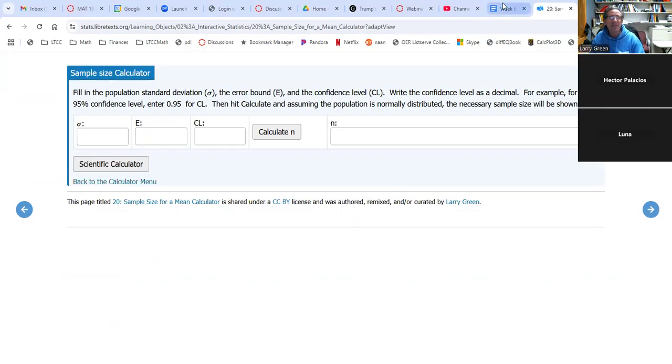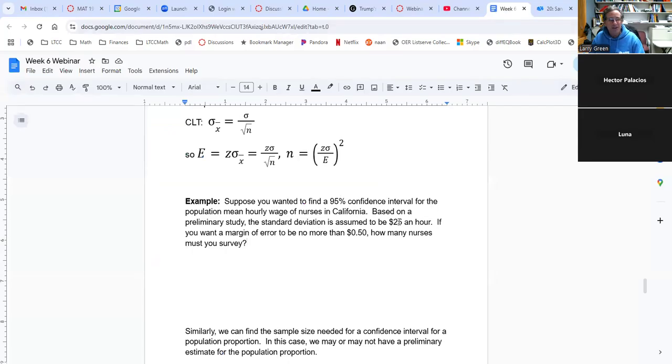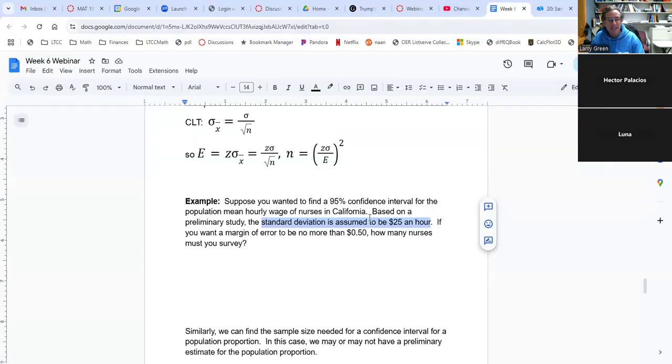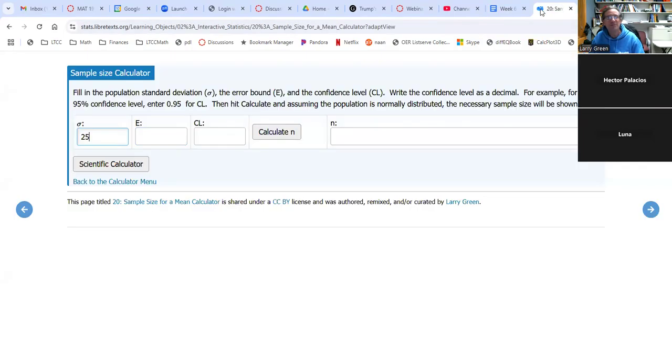Okay, then it says, what was sigma? That was given. So we said that standard deviation is assumed to be $25 an hour. So sigma is 25. Any questions on that? E is margin of error, and we want it no more than 50 cents, 0.5.